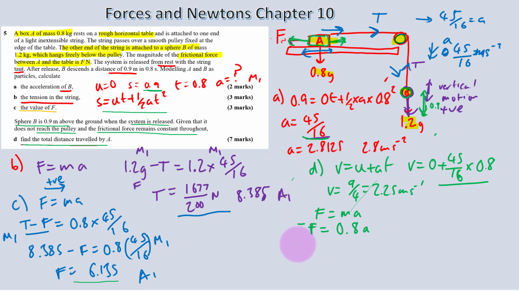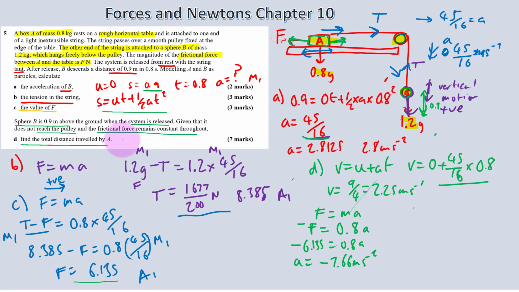So then we get minus 6.135 equals 0.8a, and then a equals minus 7.66 meters per second squared.